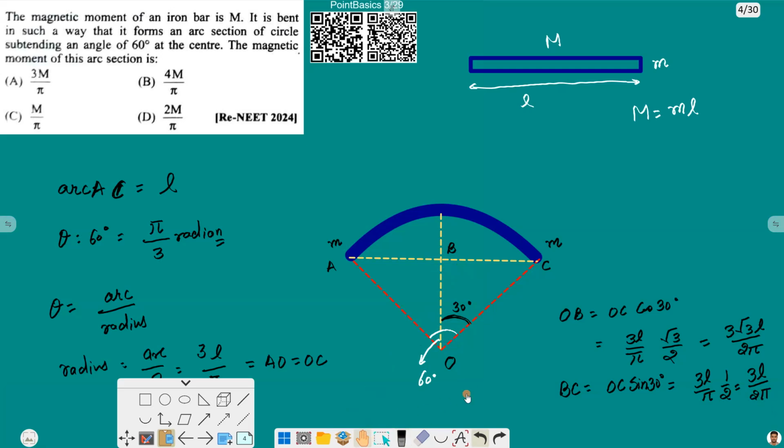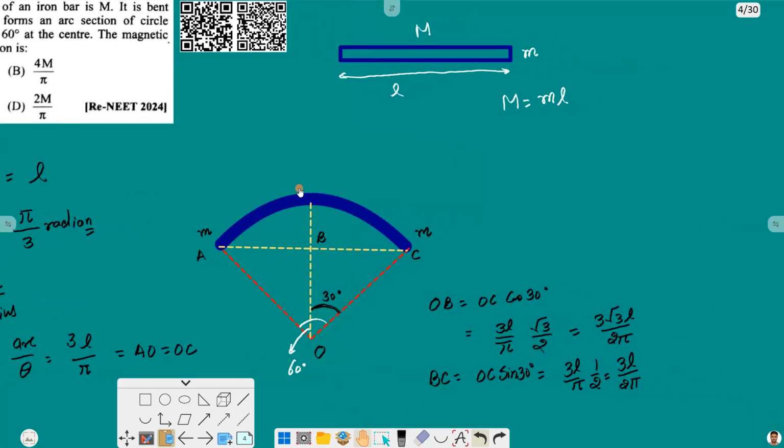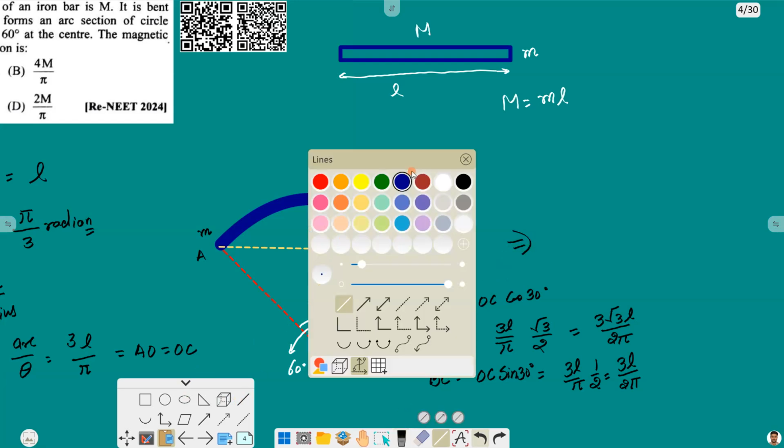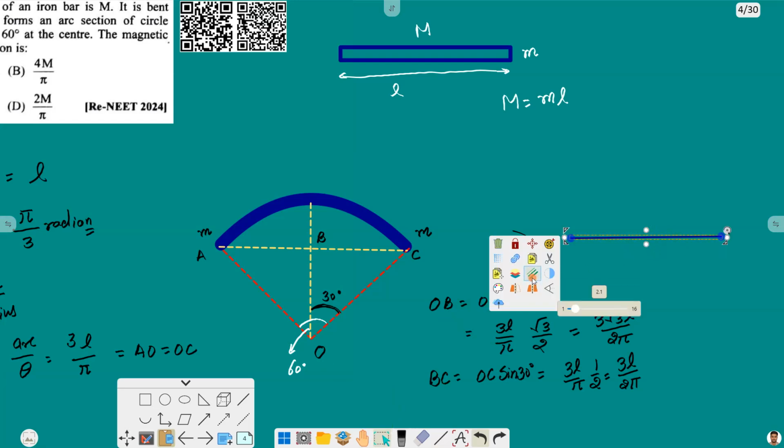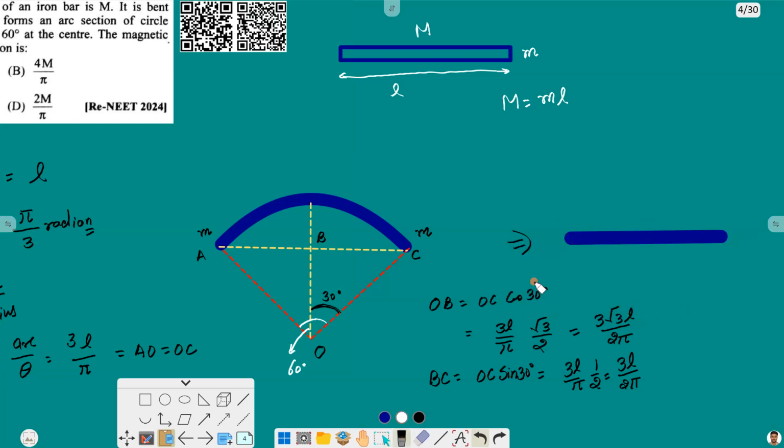Now this curved magnet can be considered equal to a magnet having length equal to AC with pole strength as it is.